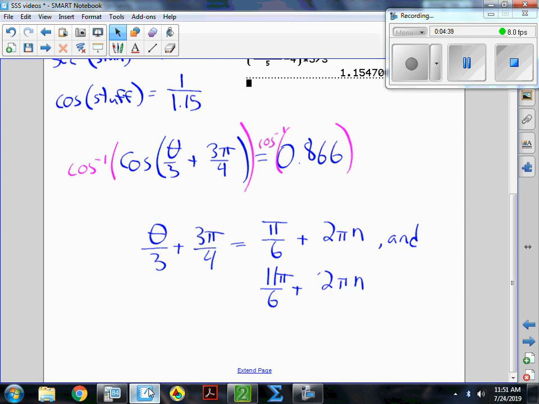Now I can subtract 3 pi over 4 from the fractions and multiply everything by 3. Let's see what we get here. So minus 3 pi over 4 and then times 3.